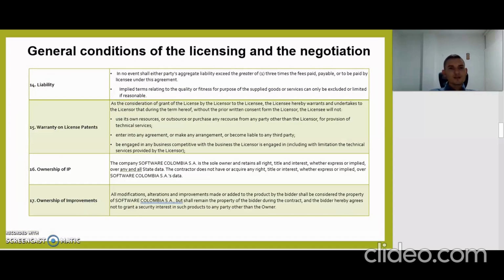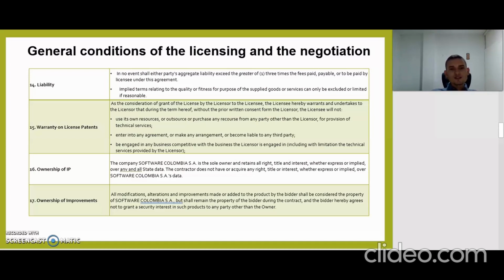The following items are liability. In no event shall either party's liability exceed three times the fees payable or to be paid by licensee under this agreement.